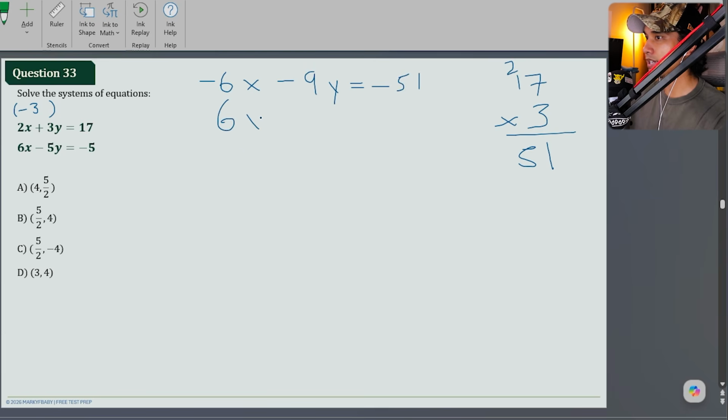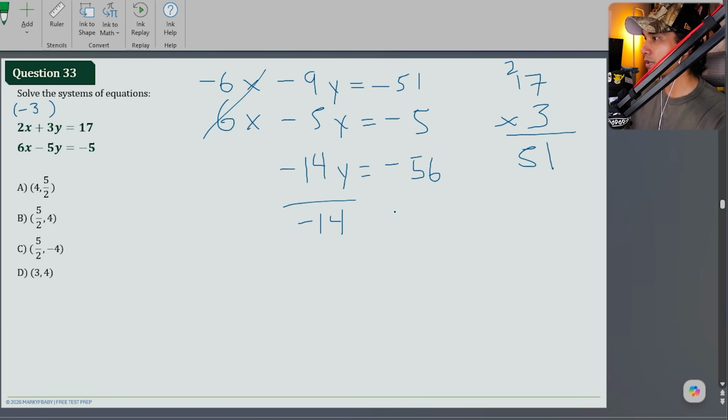And then we have 6x minus 5y equaling negative 5. Okay, all I did was rewrite this equation over here. Then we're going to cancel that out. And this is going to give us negative 14y equals negative 56. Then we're going to divide by negative 14.